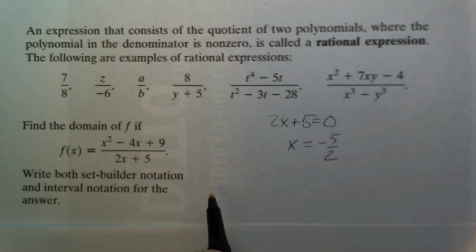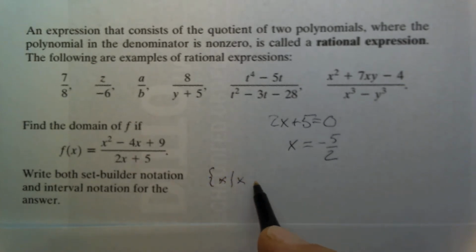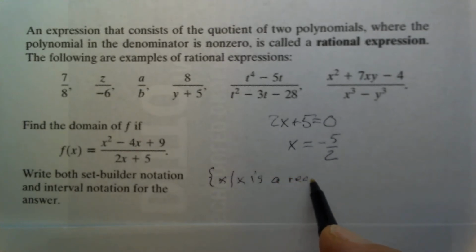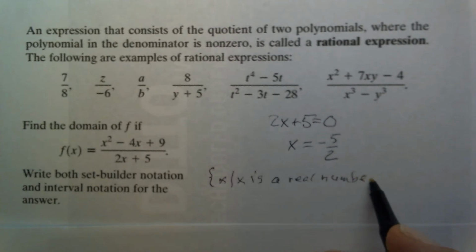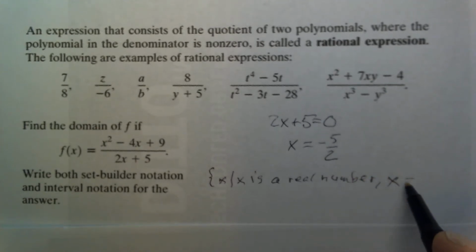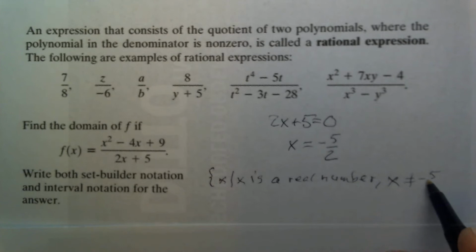So in set building notation, we write the solution as follows: the set of all x such that x is a real number and x is not equal to minus 5 divided by 2.